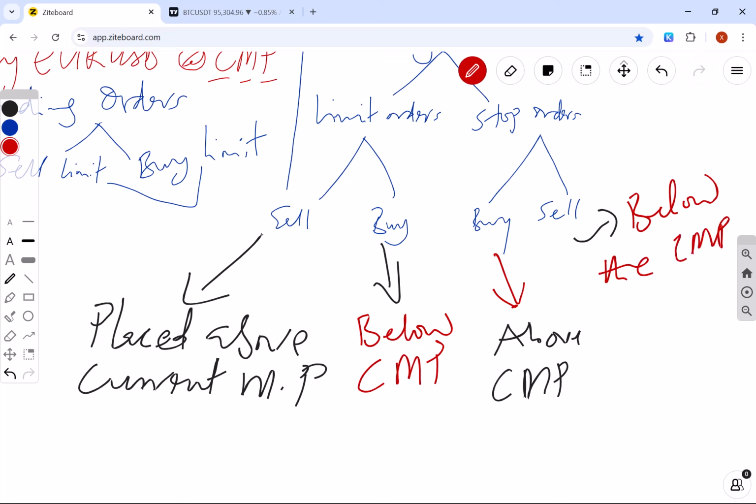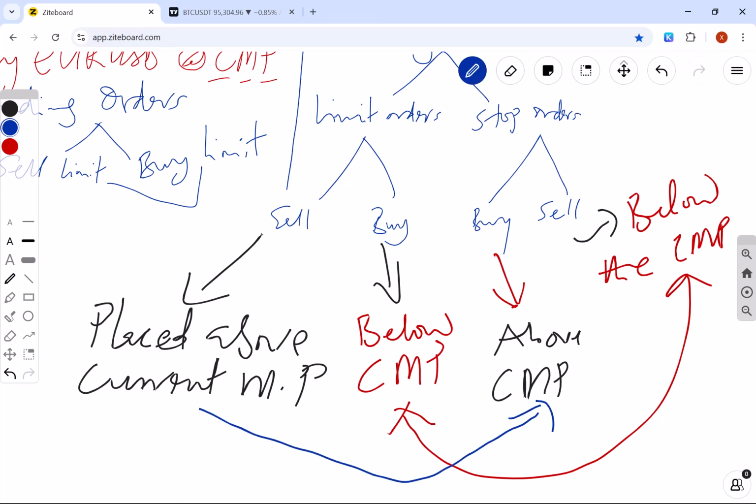So sell stop and buy limit are placed below the current market price, and sell limit and buy stop are placed above the current market price. So take notice of that.